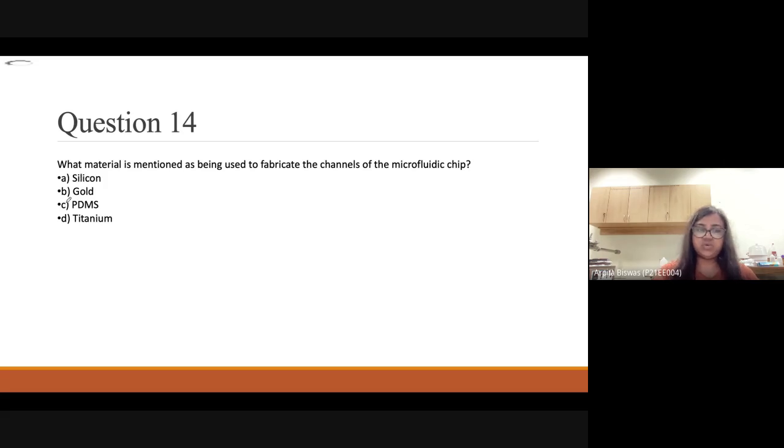The right option is option C, the PDMS. Okay, so PDMS is used for the channel of the microfluidic chip.